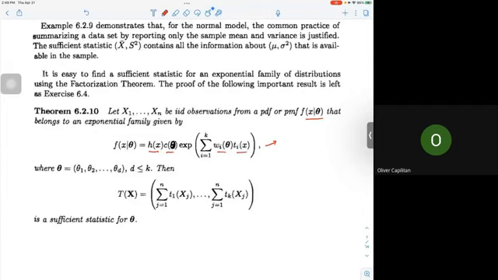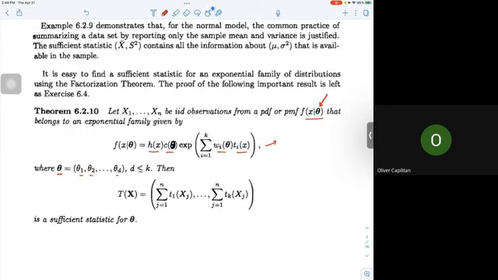This time, our parameter theta is bold, so it can be applied even if we have a vector of parameters. That's why we have here p sub 1, theta sub 1, theta sub 2, theta sub d. The index of our summation is i from 1 up to k.